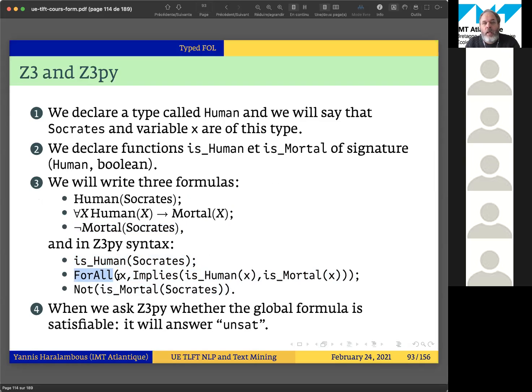For all x, I have the implication is human implies is mortal, x, and the negation not is mortal Socrates. So I'm giving all this to Z3, and Z3 answers unsatisfiable. This is a contradiction, so mortal Socrates is a consequence of these two.